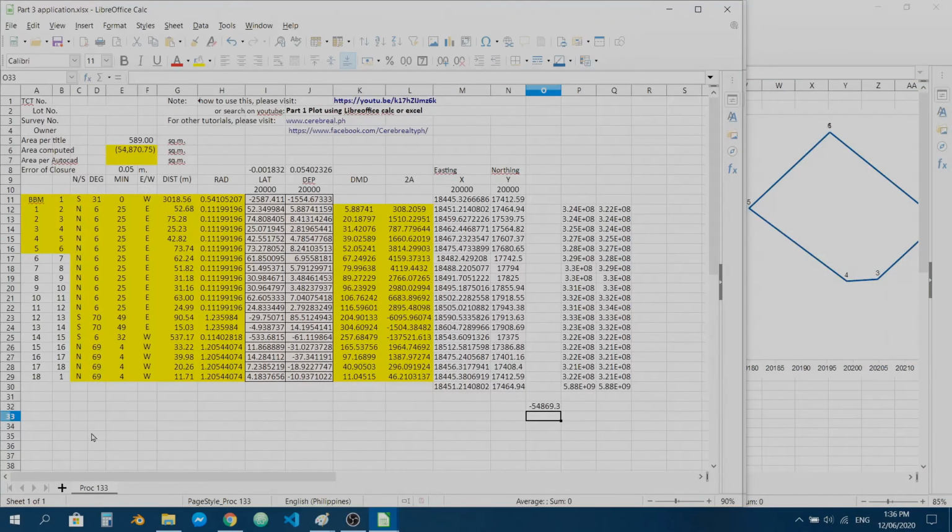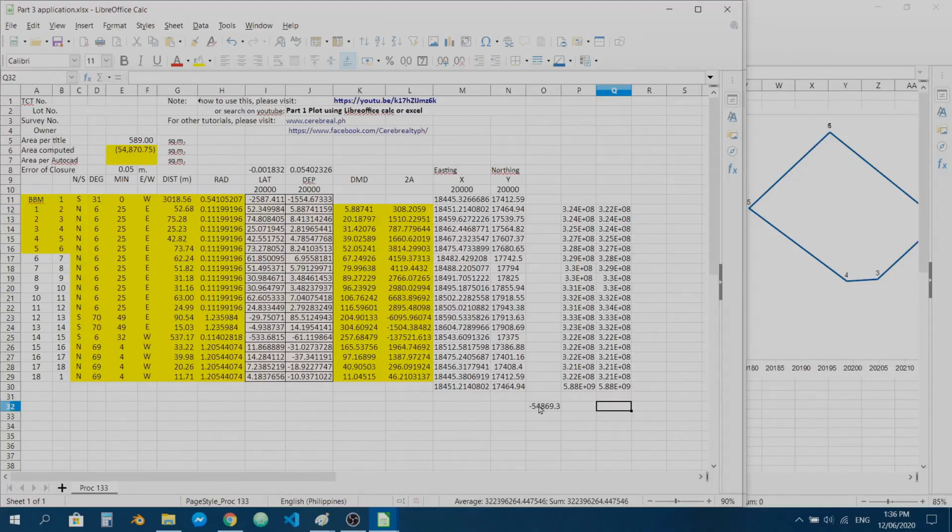Another example is the one we will be using in video 3, using Proclamation 133, which segregated a portion of a parcel of land from the coverage of the military reservation in Taguig. Let's check.